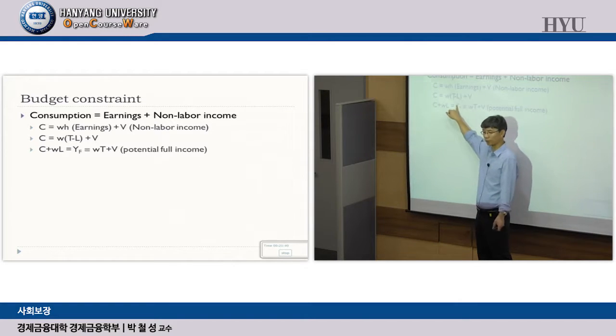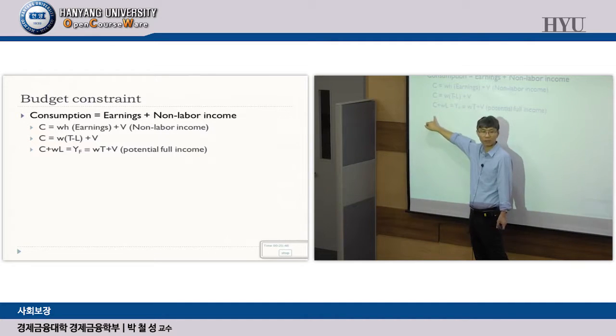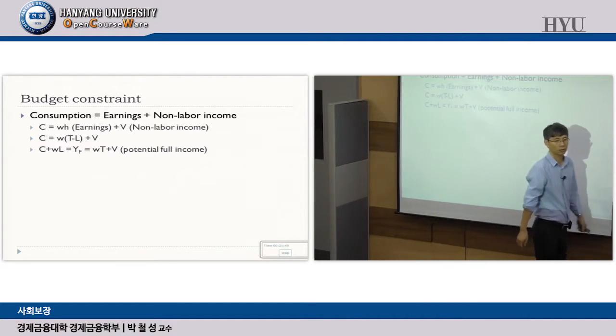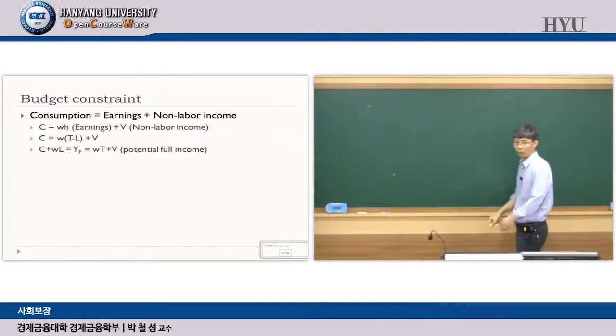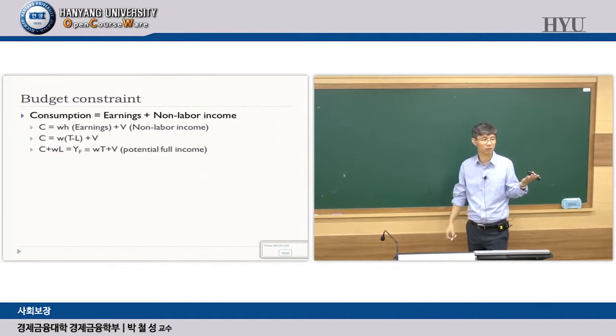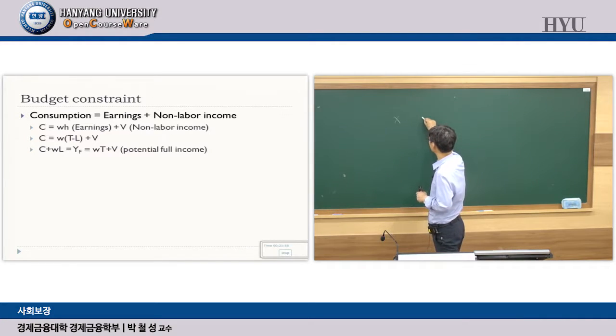This person has full income, and this person can spend that money on two goods. One is C and one is L. If you think of, for example, a normal two-good utility function, then we usually have two goods like X and Y, right?